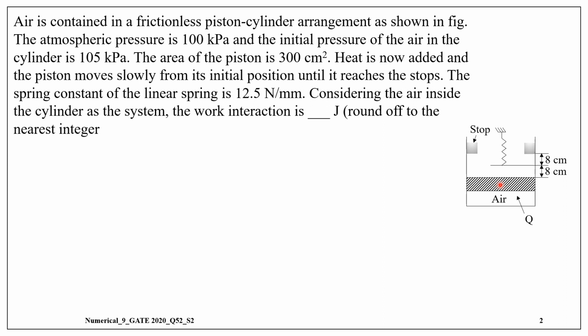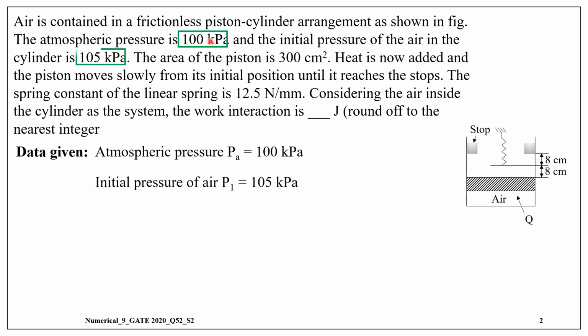The first step in solving a numerical is to write the data given. Atmospheric pressure is given as 100 kPa. Initial pressure of air, denoted by the symbol P1, is given as 105 kPa. So this air is at a pressure of 105 kPa.